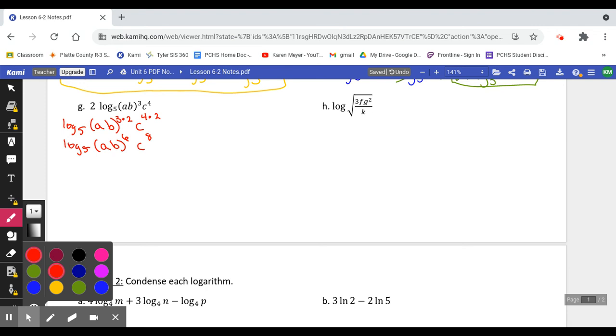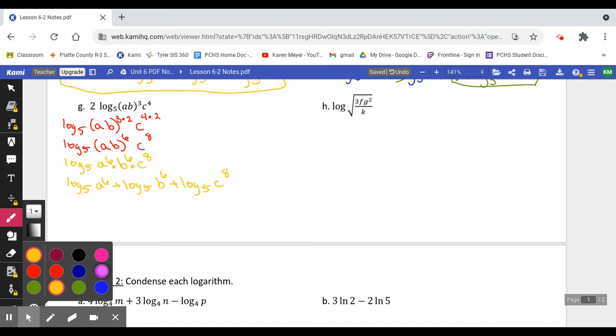Okay, that A and B are inside the parentheses, which technically means that they both get the power of 6. So A to the 6th, B to the 6th, C to the 8th. And then I'm going to say, oh, I see multiplication between A, B, and C. So log base 5 of A to the 6th power plus log base 5 of B to the 6th power plus log base 5 of C to the 8th power.